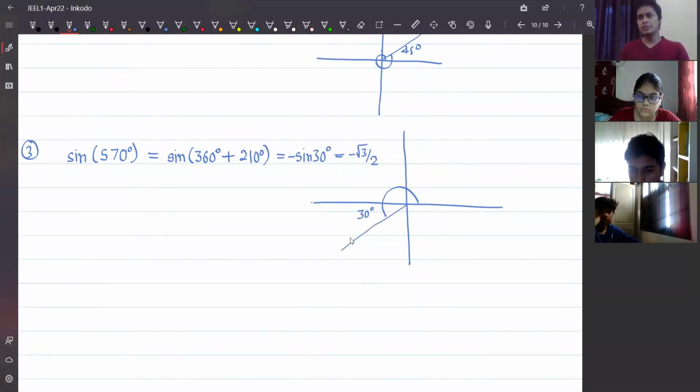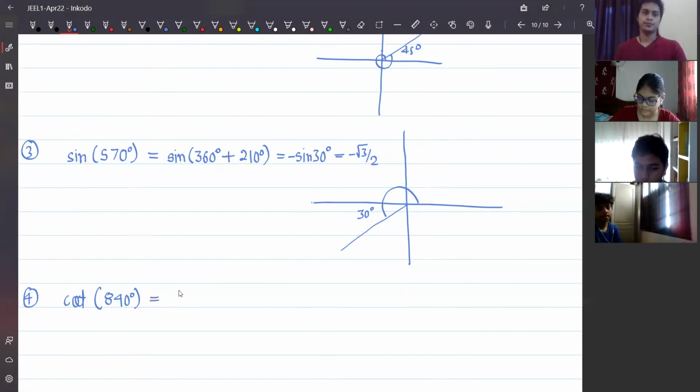So you know what happens in one rotation. You can also calculate for 2, 3, 4, 5 rotations. For example, 2 rotations is 720 degree. I'm giving you, let us say, cot of 840 degree. Kushagra, solve for this.